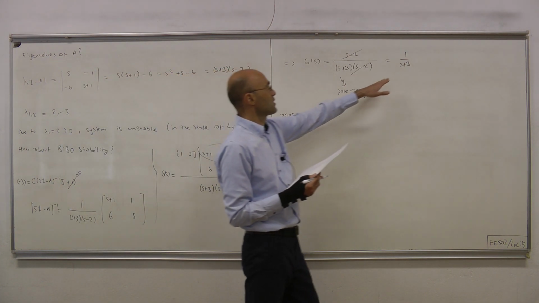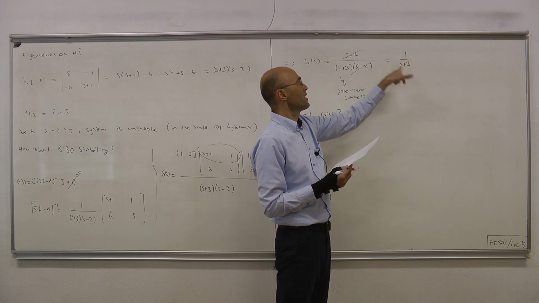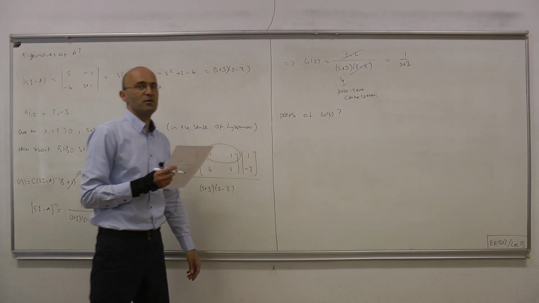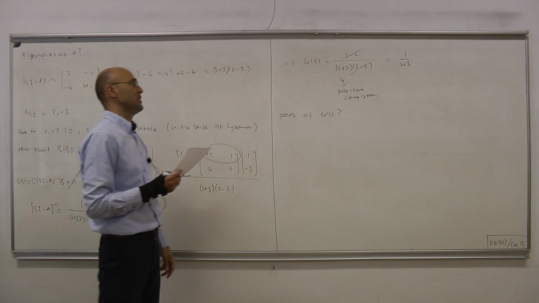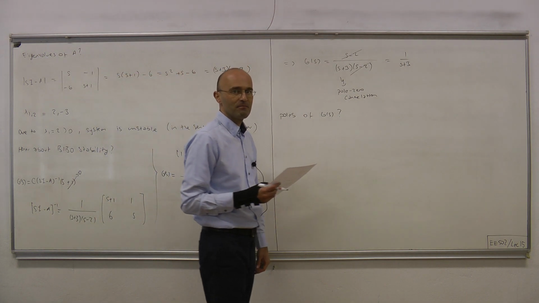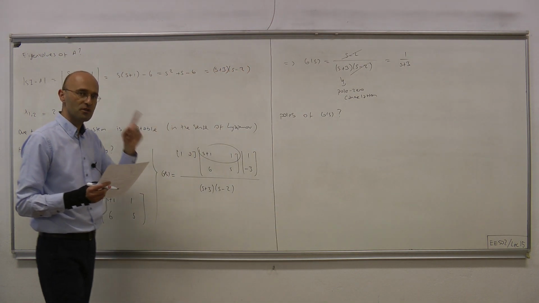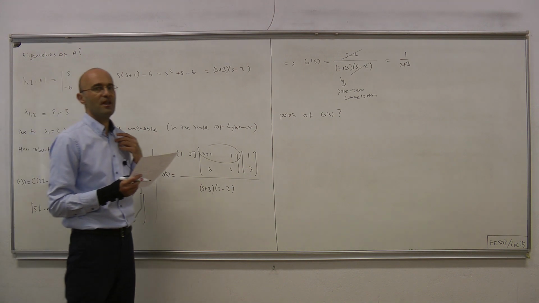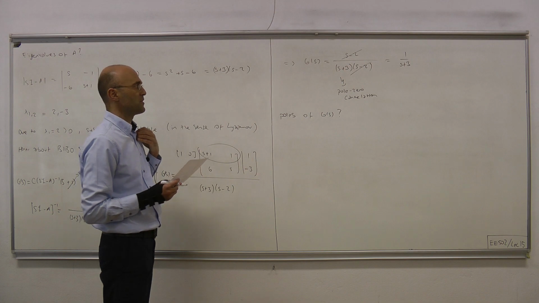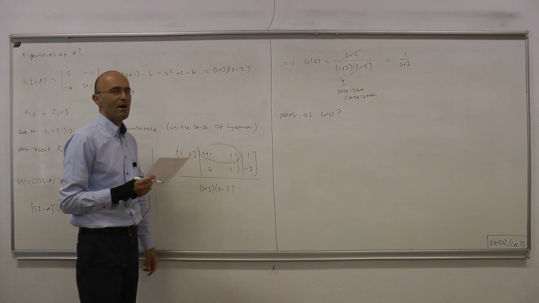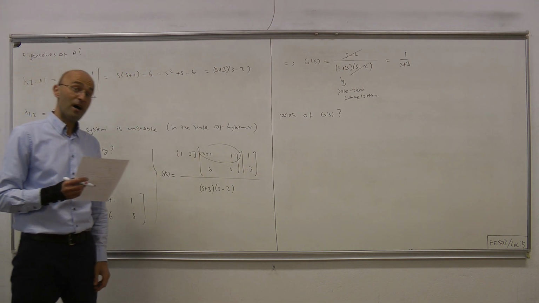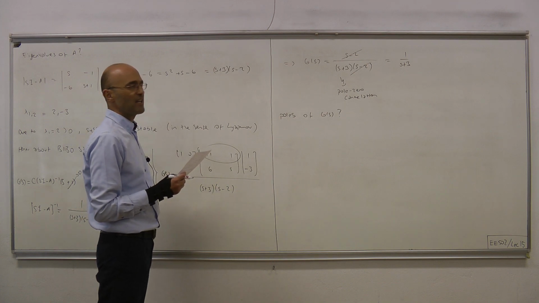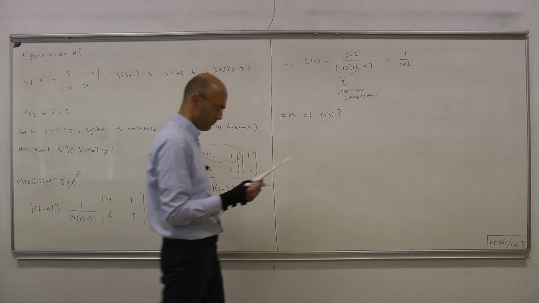This is the transfer function after the elimination, and then we look at the denominator polynomial, which is of order 1. Its root is at minus 3. Therefore, all the poles, in fact, we have just one pole, but all the poles have negative real parts. Therefore, by our recent theorem, the system is bounded input, bounded output stable, despite the fact that it's not stable in the sense of Lyapunov.